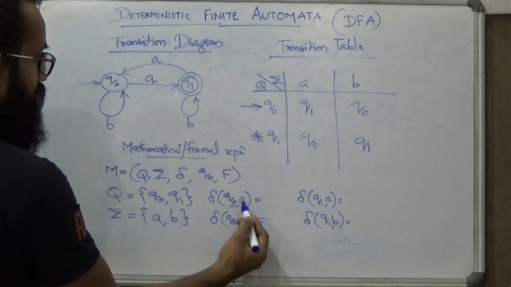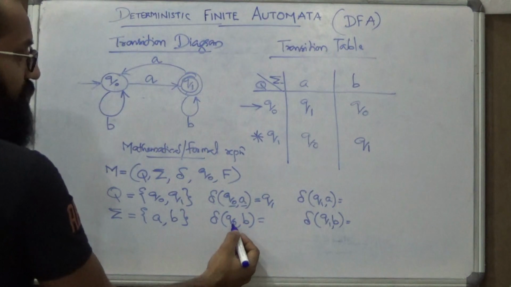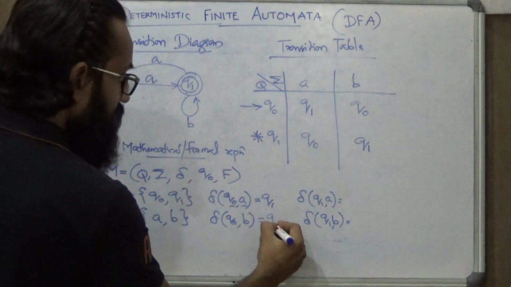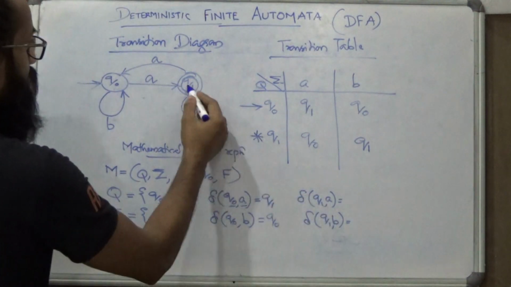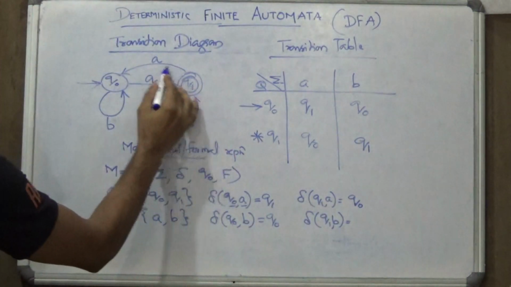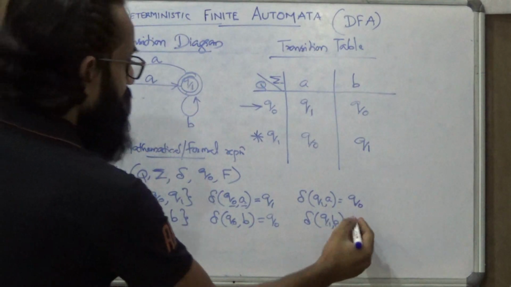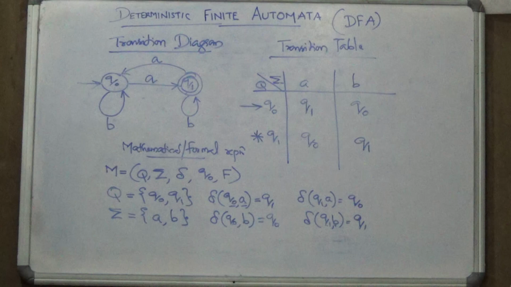So from Q0 for input A, it goes to state Q1. From Q0 for input B, it will remain in the same state Q0. From Q1 for input A, it goes to state Q0. From Q1 for input B, it will remain in the same state.